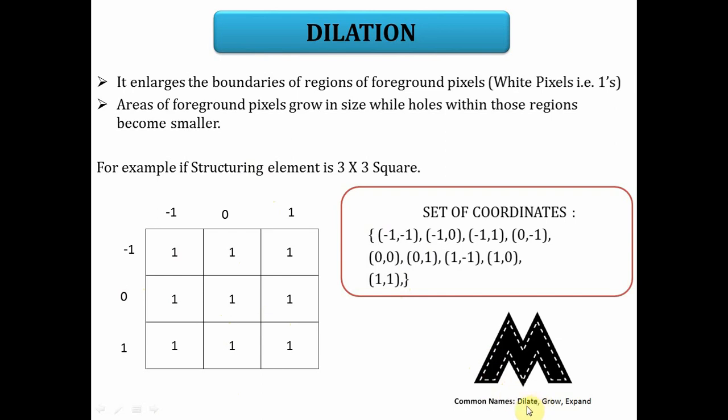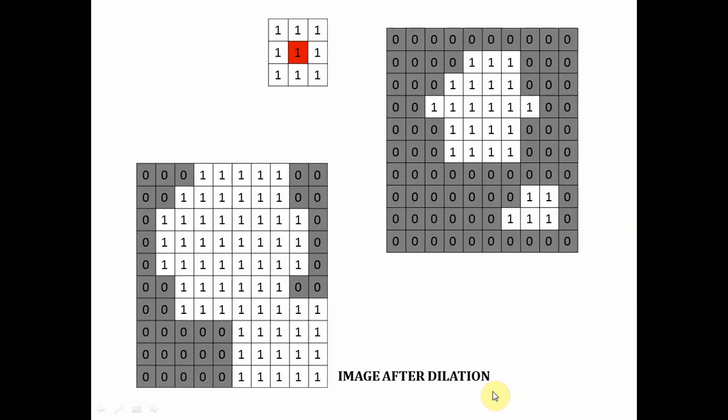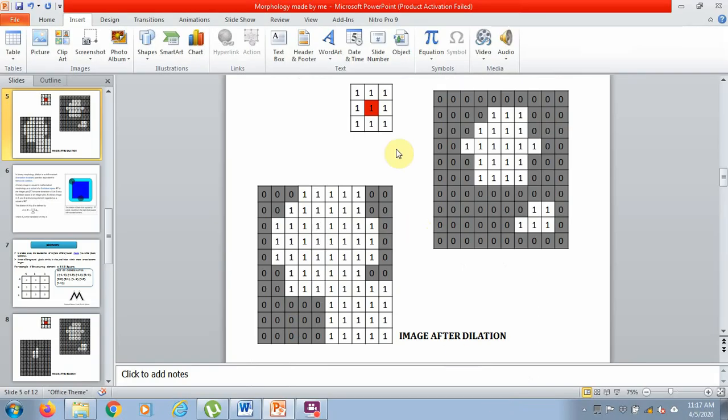So common names for the dilation are to grow the image, to expand the image, or dilate the image. For example, now if we are considering a 3 by 3 structuring element, and suppose I want to dilate the input image, which is made up of background pixels 0 and foreground pixels 1.